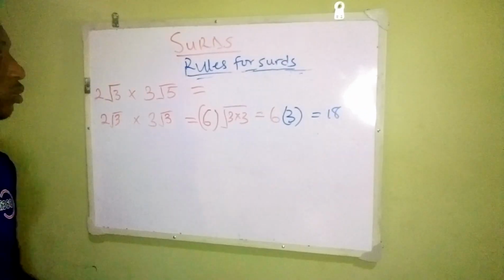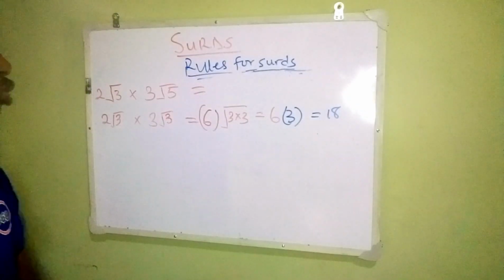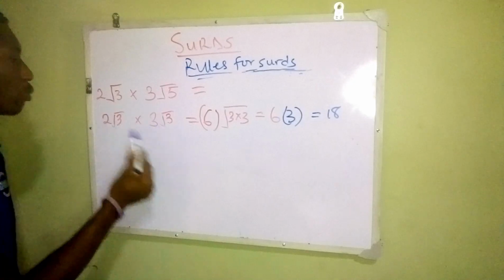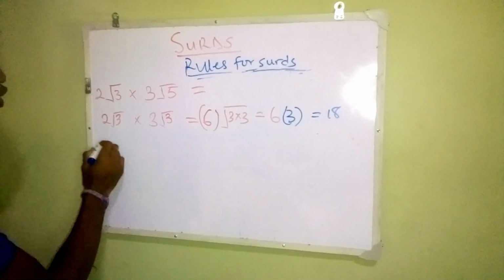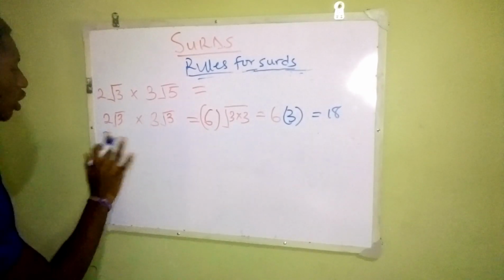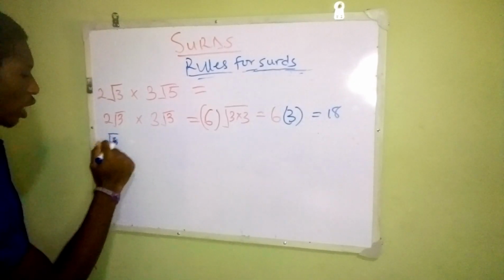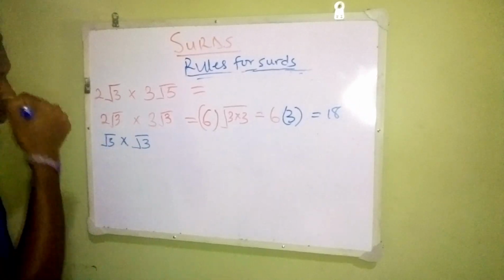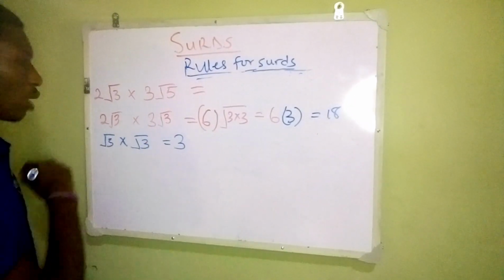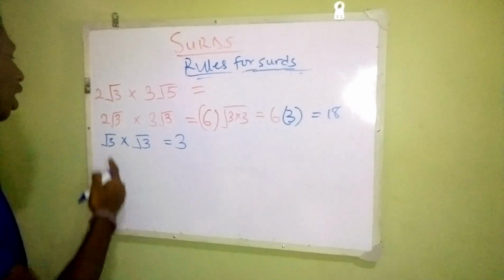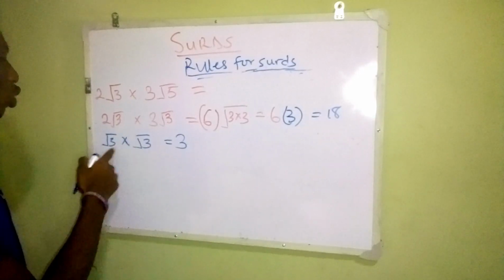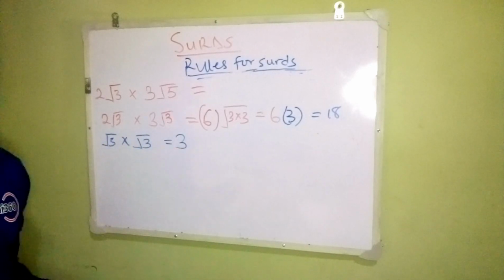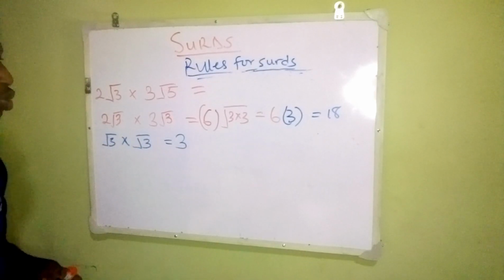So whenever I have surds with the same term in the square root, 2 square root of 3 multiplying 3 square root of 3, the final answer will just be the term in the square root. Whenever I have them multiplying, the final term will just be the term in the square root.